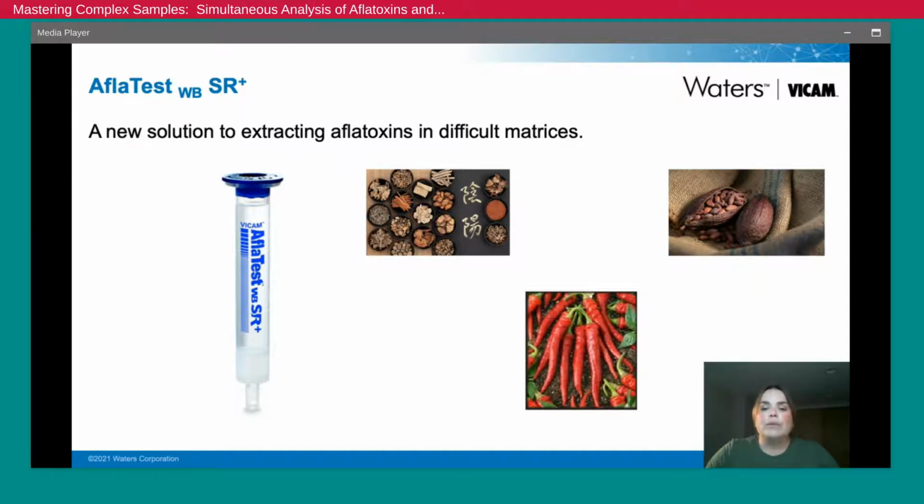Overall, recovery was shown to be excellent, between 92 and 116%, with relative standard deviations lower than 8%. The method was found to be specific as no interference peaks were observed for blank samples. The method has been demonstrated as suitable for monitoring compliance with regulatory limits set for aflatoxins in food commodities globally.